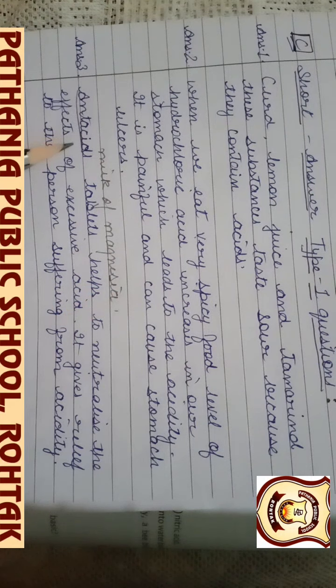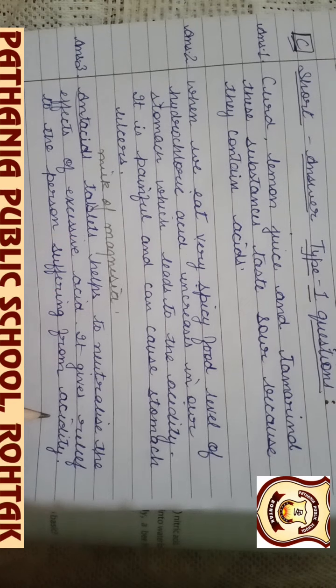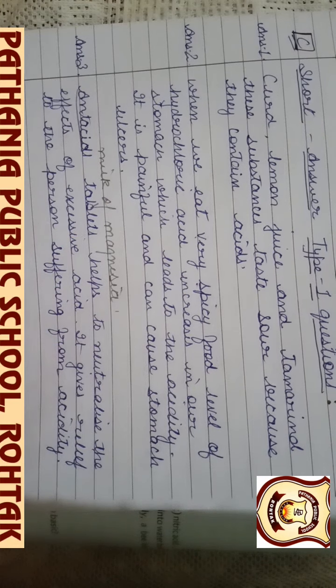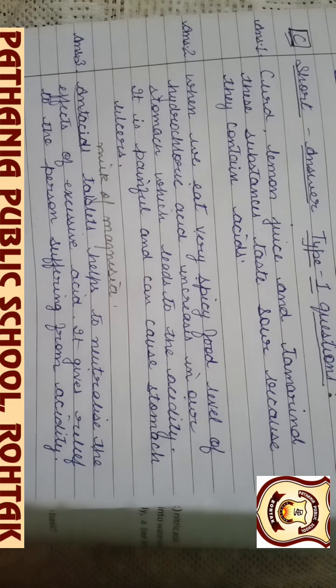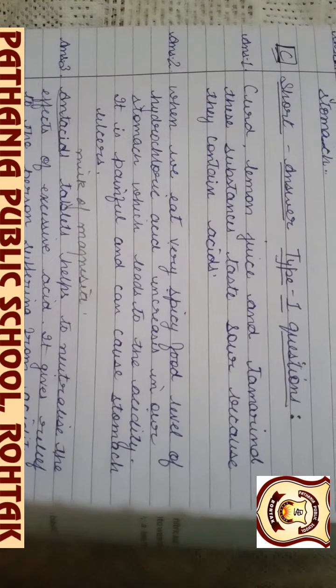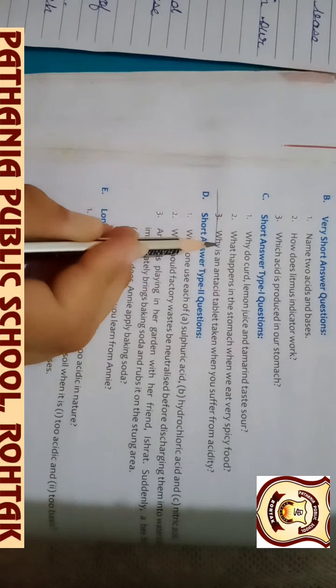Antacid tablets are used to decrease the level of acidity because they neutralize the effect of HCl that has exceeded because you have eaten very spicy food, and it can be decreased by using antacids, beta. So this we have done till here, section C.